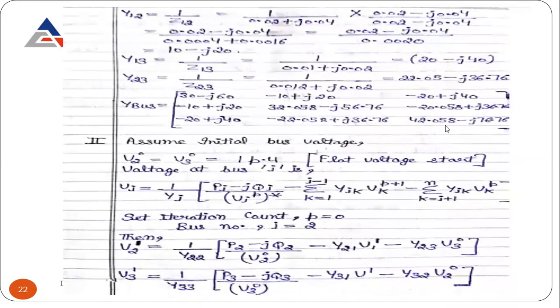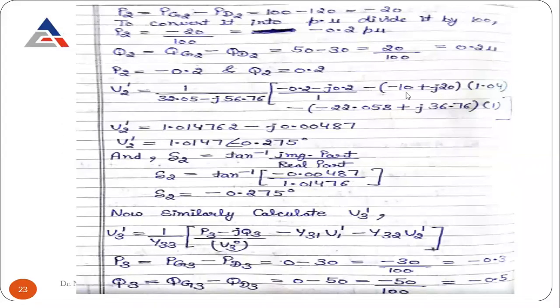Y21 is minus 10 plus j20, times 1.04, minus Y23 from the Y bus matrix times the assumed voltage 1. Solve all this and you get the answer in complex form.